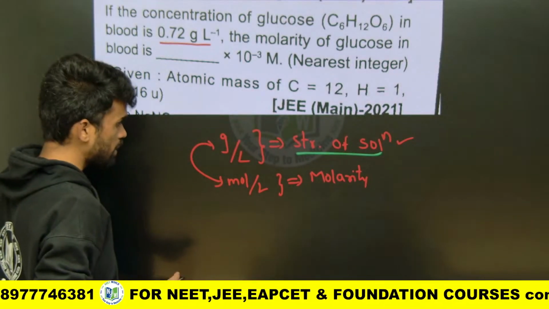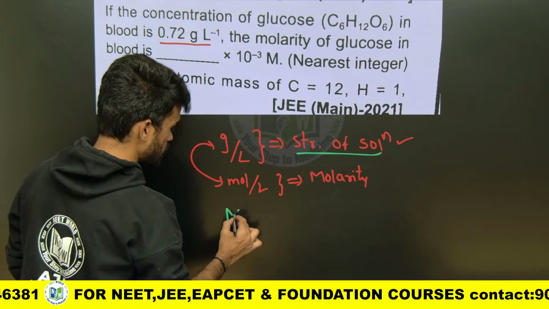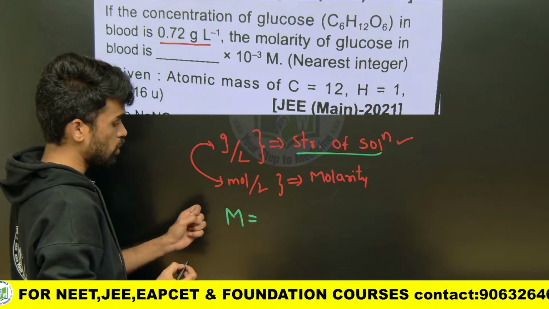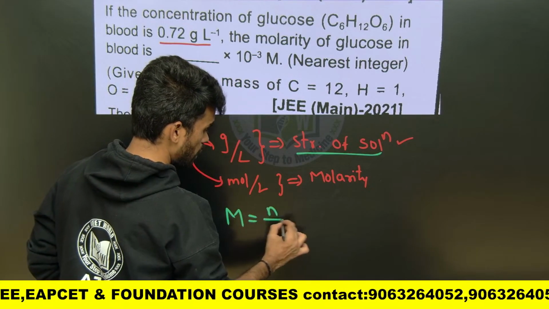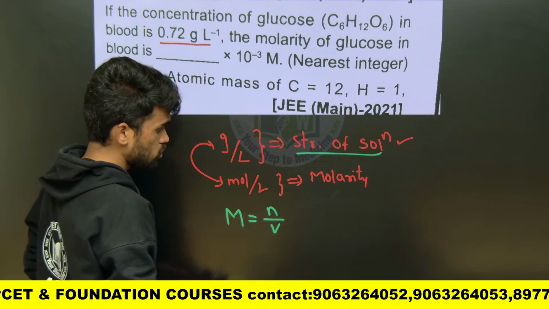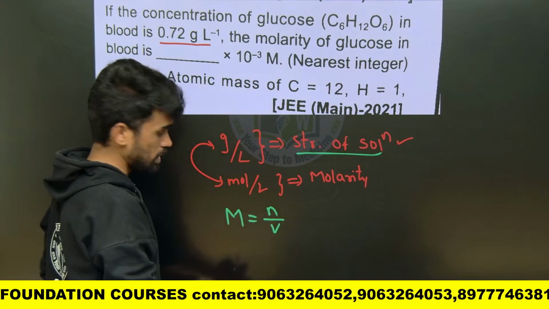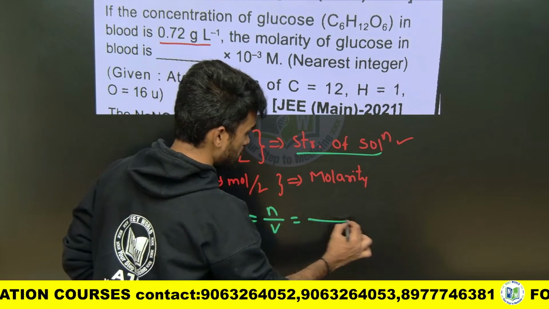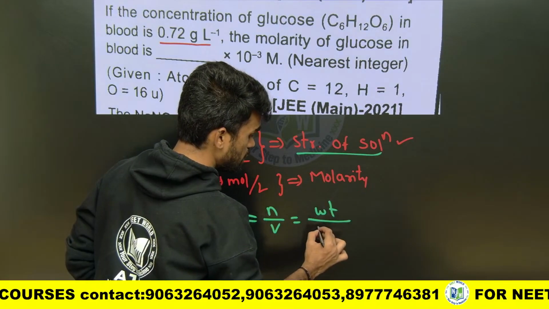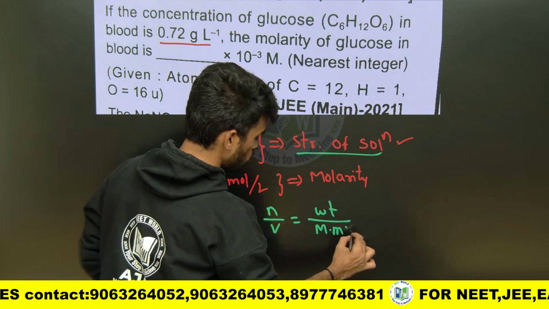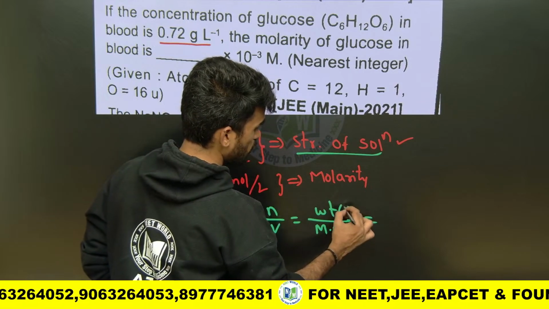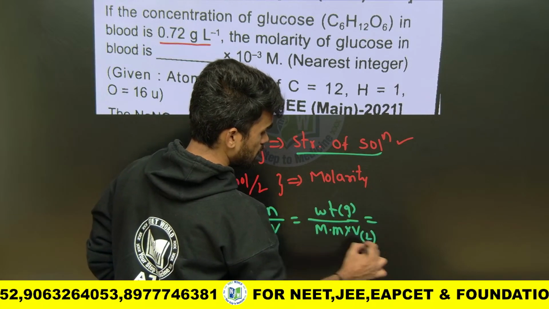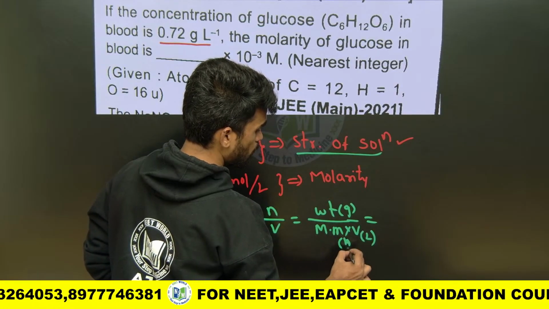I want the relation between molarity and strength of solution. We know molarity is nothing but the number of moles per volume of solution in liters. Now I can write the number of moles as given weight by its molar mass, and the volume should be in liters. The given weight will be in grams and the molar mass will be gram per mole.